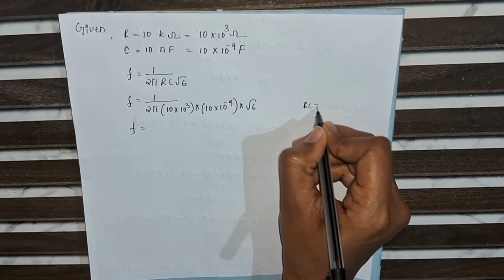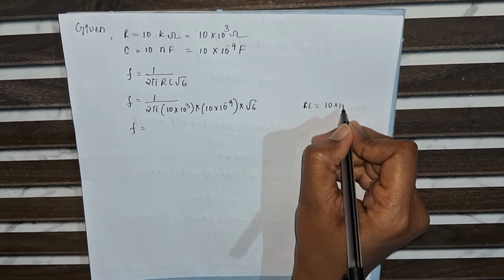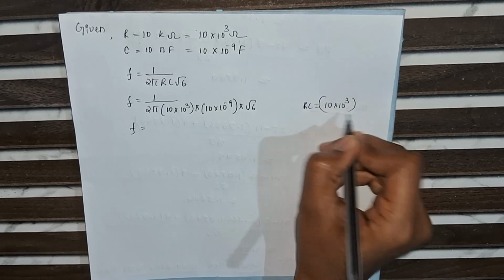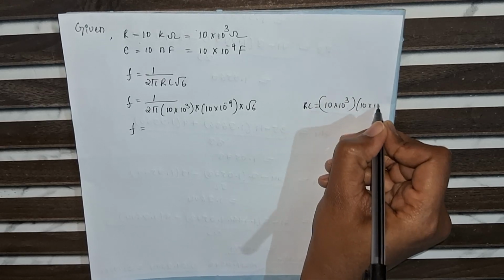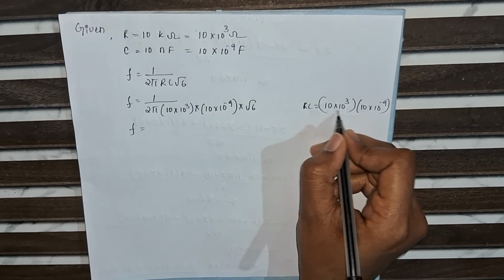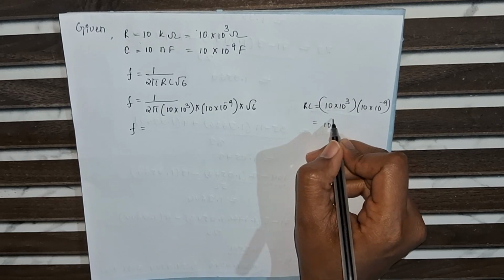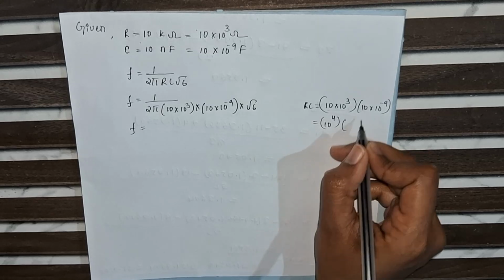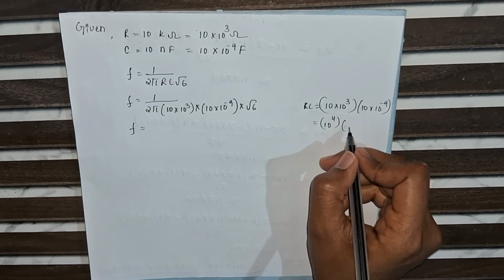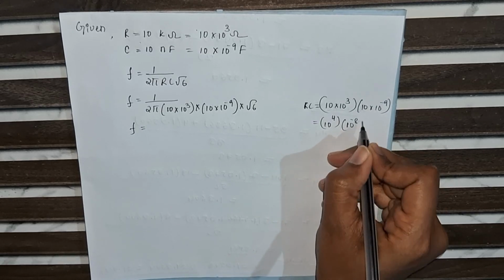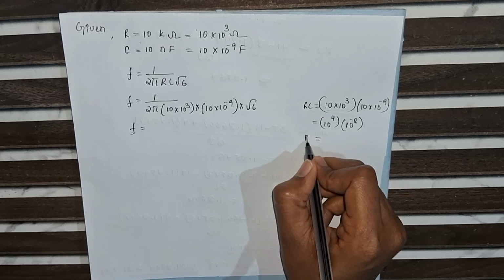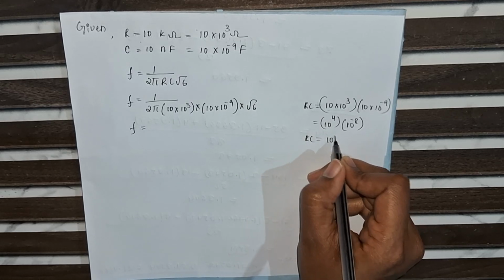Here RC is 10 into 10 to the power of 3, times 10 into 10 to the power of minus 9. The base is the same, so the powers will add. It will become 10 to the power of 4, and here the powers add to minus 8. So the RC value we got is 10 to the power of minus 4.